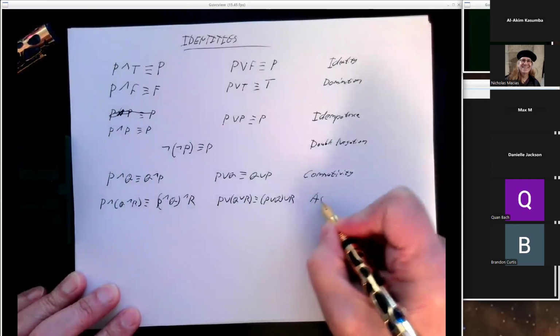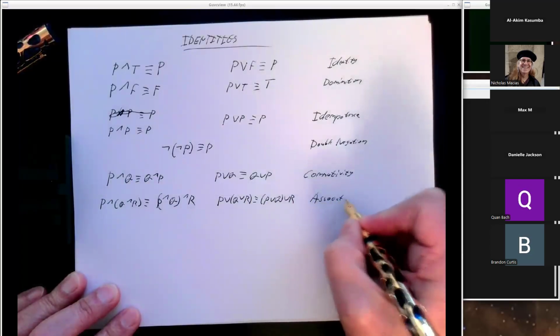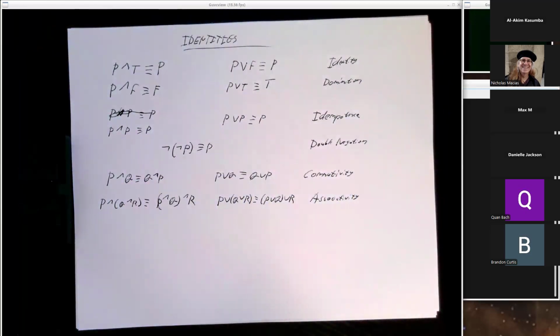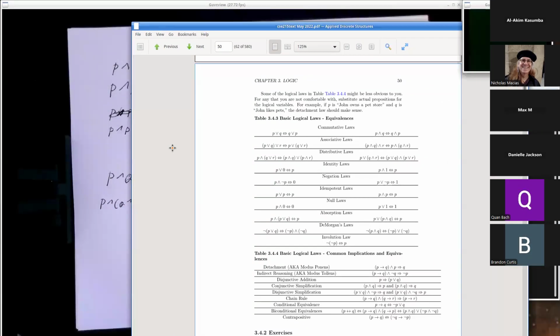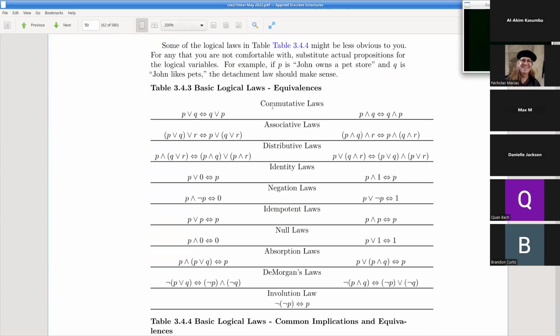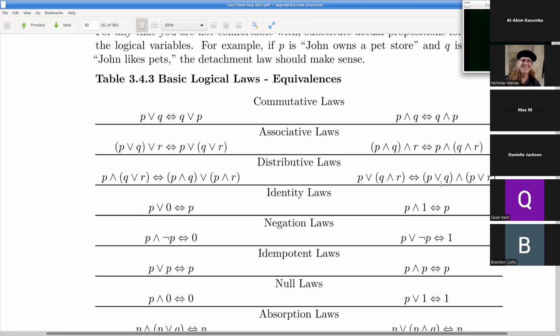So that's associativity. And so page 50 in your text, the main text, we have all of these laws. And this is very much engineering CSE 250.